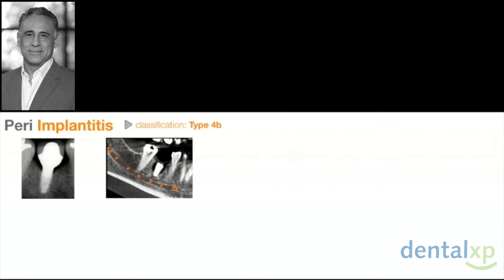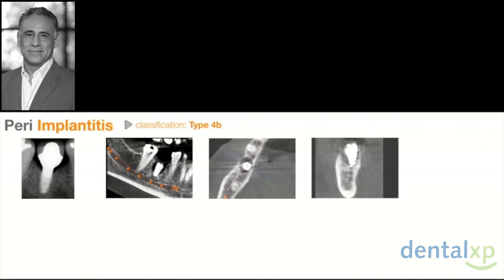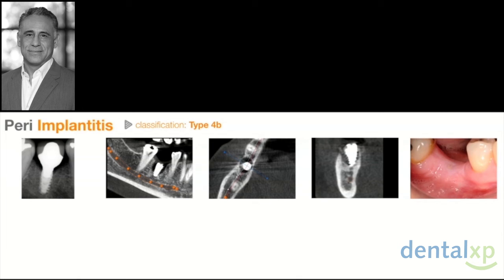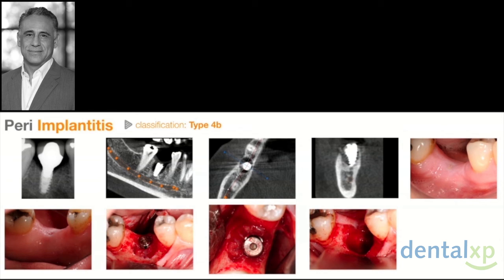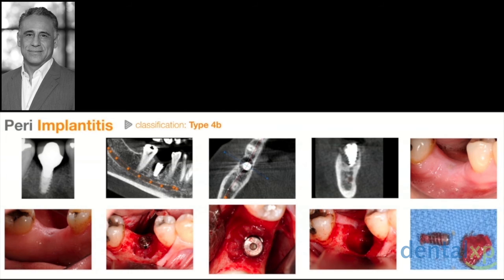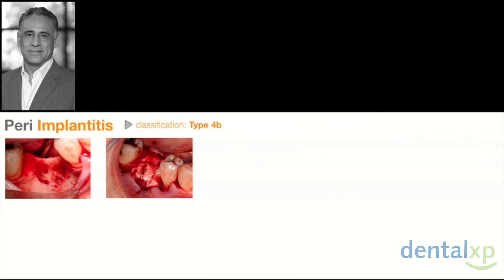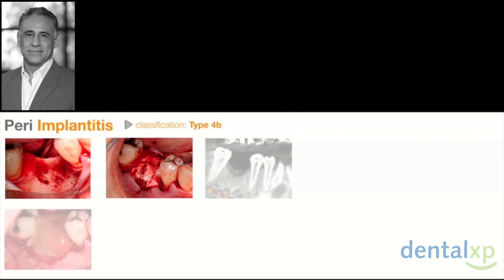Here's another patient with the type 4B, again, loss of bone and loss of soft tissue, in which there is almost a complete loss of attachment at this point, but not quite infected. So in this case, the implant again is removed. The site is degranulated and grafted to restore the deficiency as much as possible.